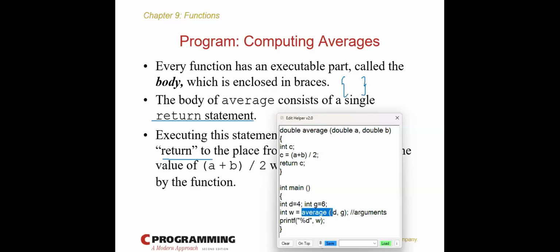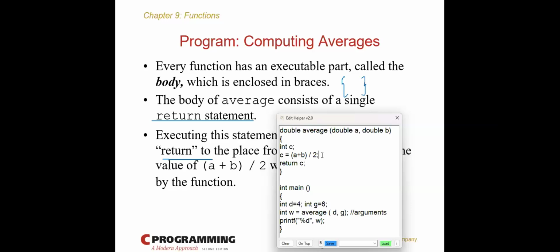And it appears as if this entire expression is replaced by the value of the expression, which is 5. I mean, it doesn't change your code, but this is essentially the effect. The effect is that the entire expression that sent us out of main into the function called average is completely replaced logically by the functional value of average, which is 5.